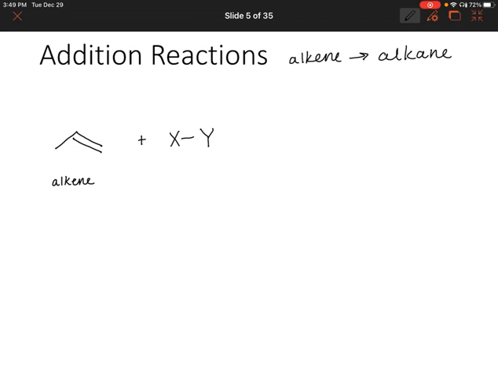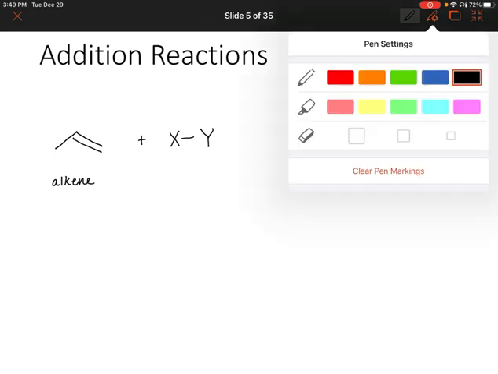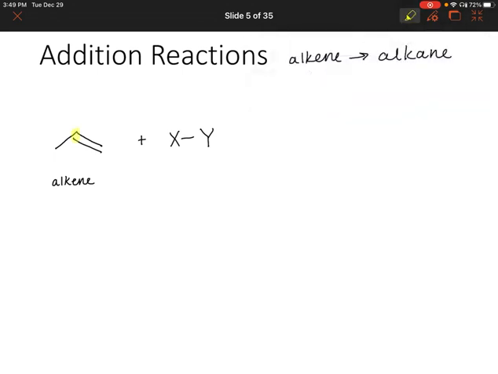And in an addition reaction, the X and the Y are going to add across the double bond. So they're going to add themselves to those yellow highlighted carbons, which are called vinylic positions.